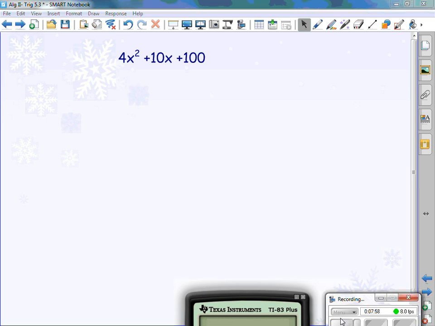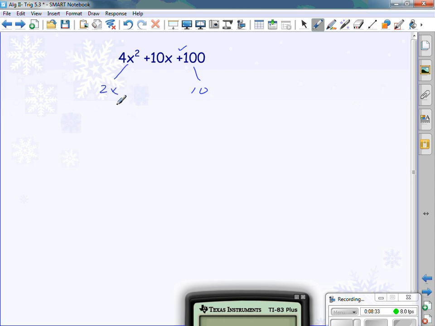We can try to do it by the shortcut method. Can I take the square root of a 4x squared? It's 2x. Can I take the square root of 100? 10. Is this positive? Yes. What's 2 times 2x times 10?